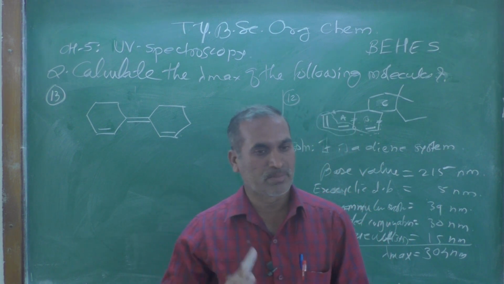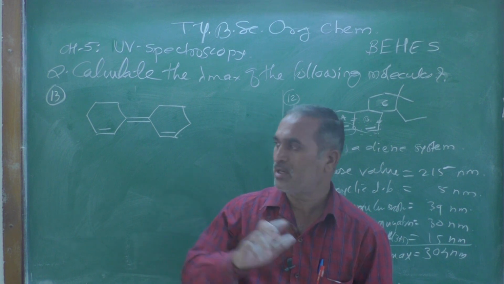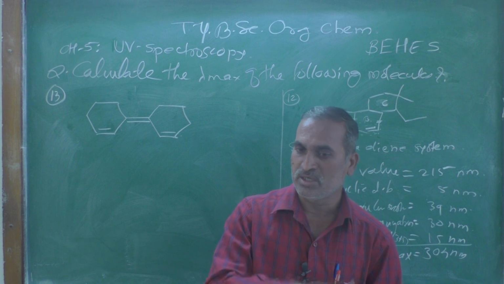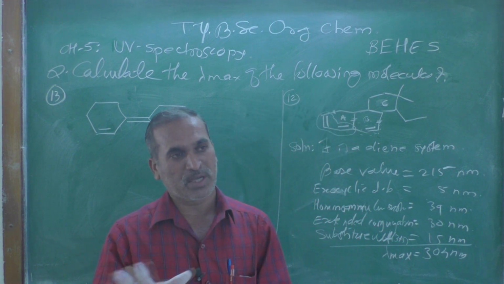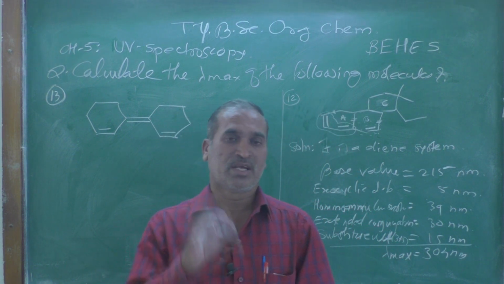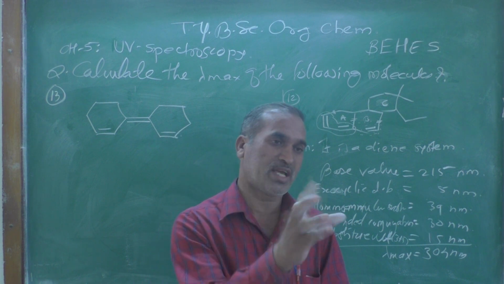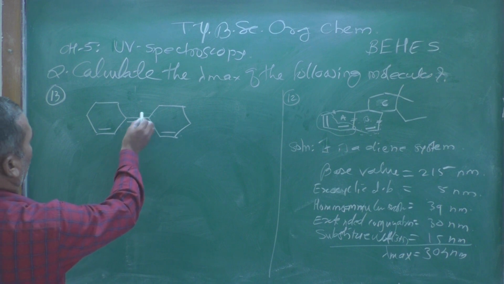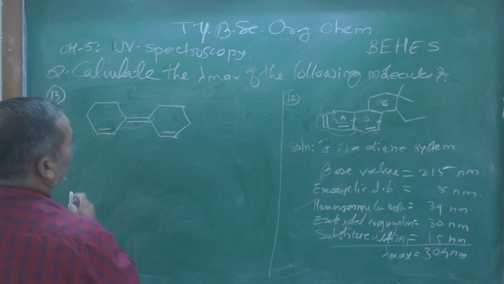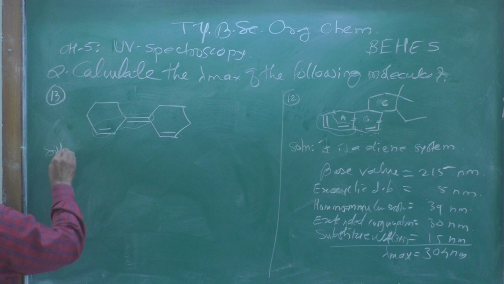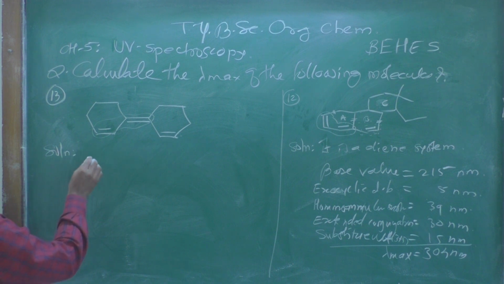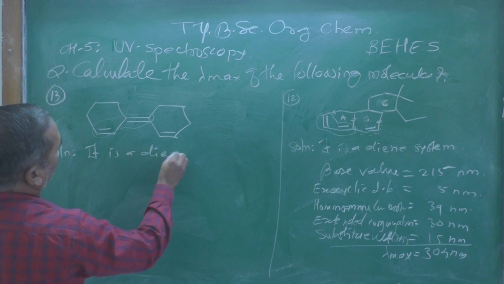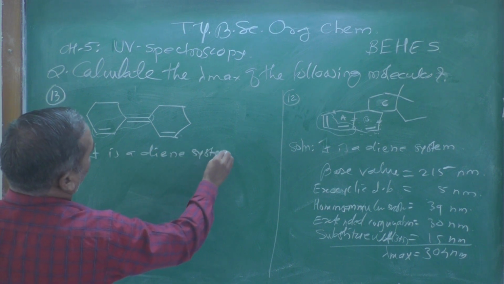All the double bonds are separated by single bonds, and therefore this type of system is called a conjugated system. If a conjugated system is present, that system is known as a diene system. So you can mark it like this, and then you can write it down like this. Solution: it is a diene system.